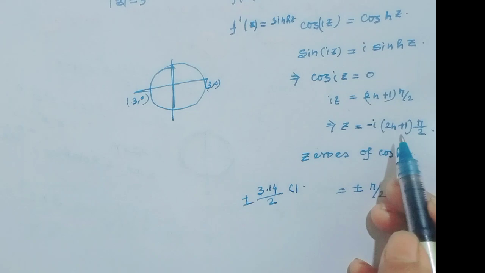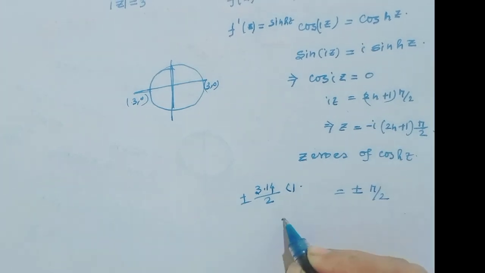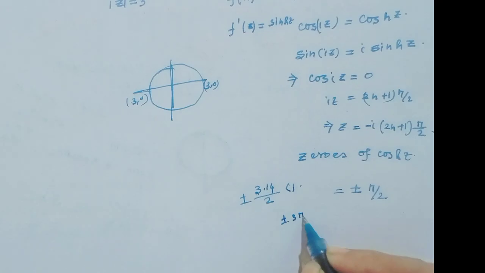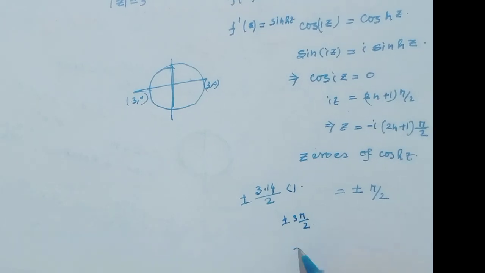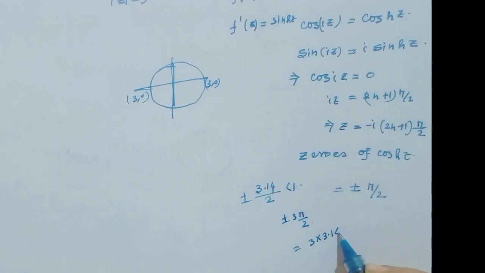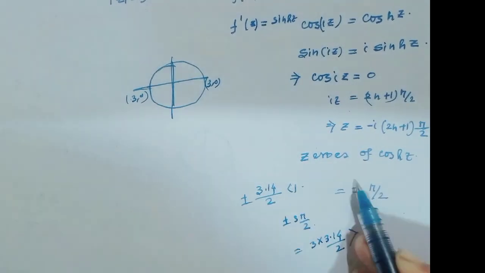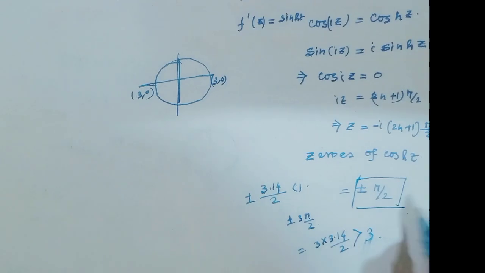But if you consider n equal to 1, then this value would be plus minus 3π by 2. π by 2 means 3.14 over 2, and this value would be greater than 3. That means only this value would be inside the circle.